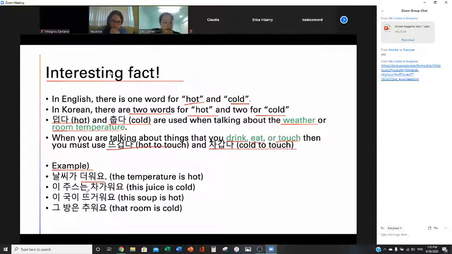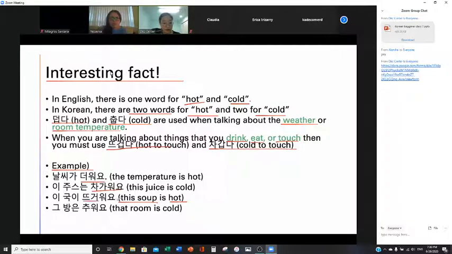And 이 주스는 차가워요 means this juice is cold. Here you use 차가워요 because this is something you can touch or drink. Juice is something you drink. Therefore it's 차가워요, the basic form of 차갑다. And also right here, 이 국이 뜨거워요. This soup is hot. The soup is something you eat and touch. You can touch the soup.